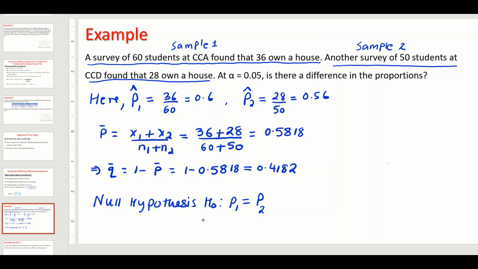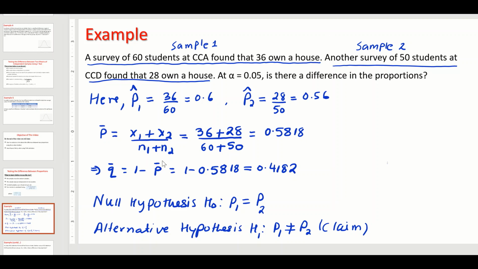Our alternative hypothesis, which we write as H sub 1, or sometimes HA, is that the proportions are not equal. And we are testing if there is a difference in the proportion. So we are testing this difference, and we call that our claim.